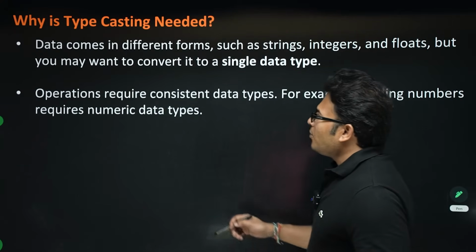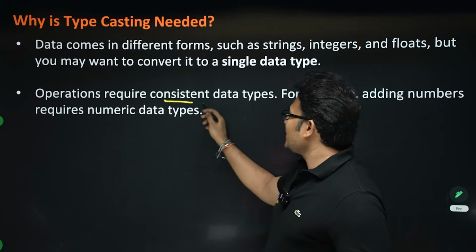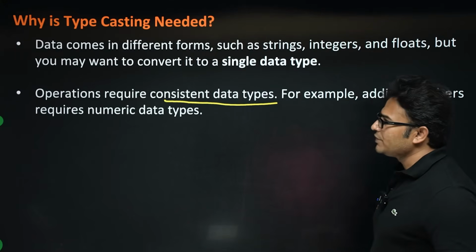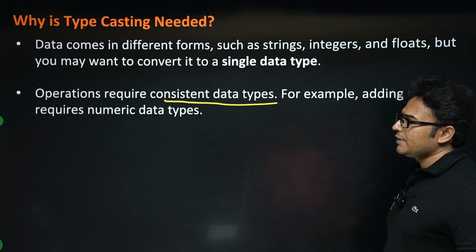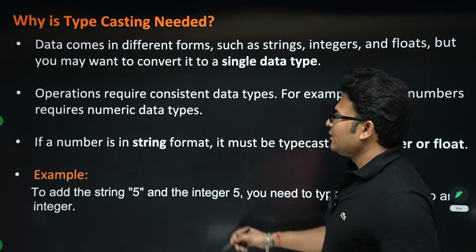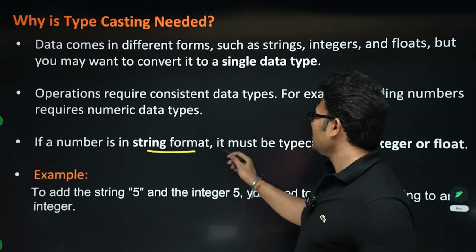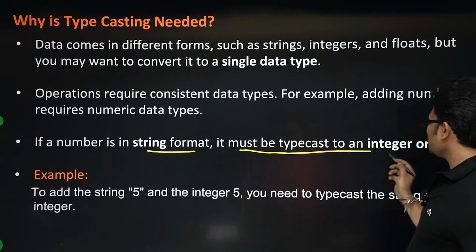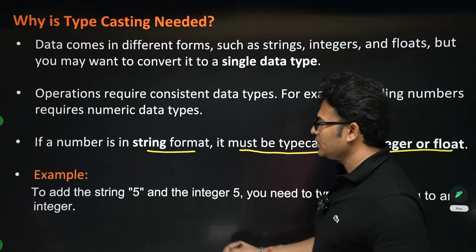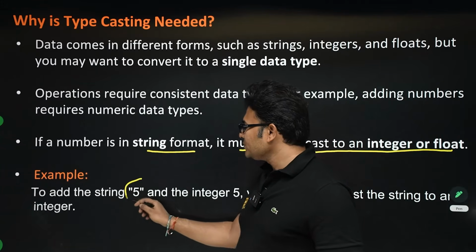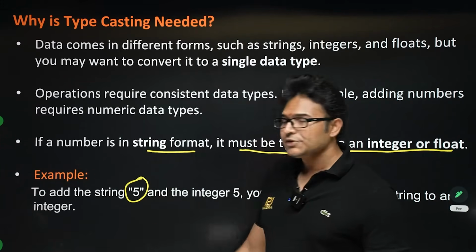Now operations sometimes require consistent data types, which means all the data types have to be the same. Then also we need typecasting. If a number is in a string format, then it must be typecasted to an integer or a float to do some operation on it. For example, let us say 5 is in string format. How do I know 5 is in string format?